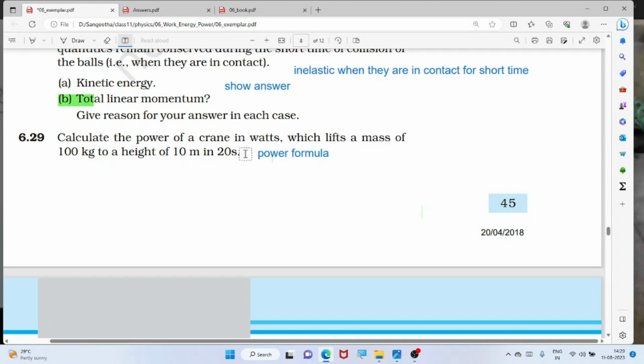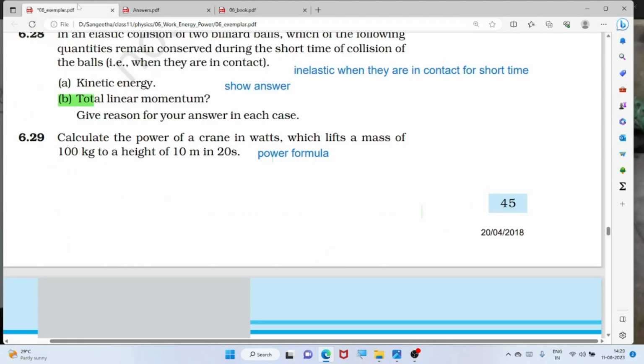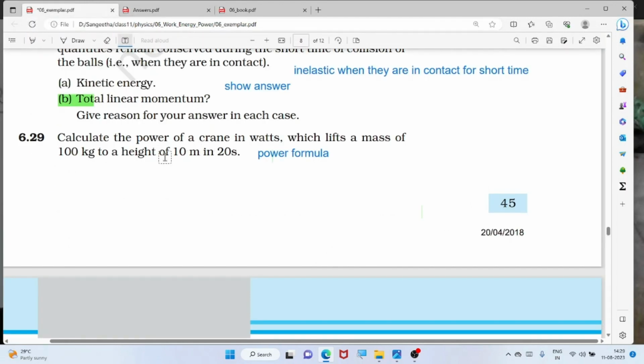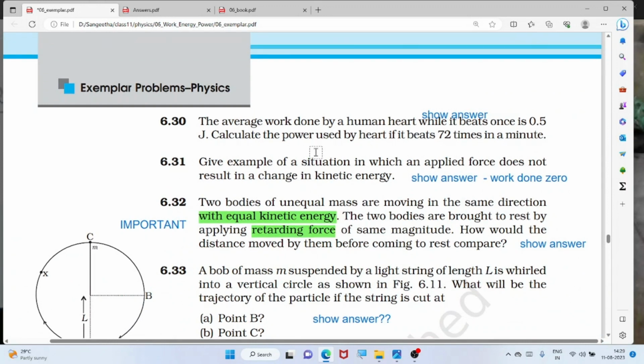Calculate the power of the crane in watts which lifts the mass to the height. Power is work done divided by time. The average work done by the human heart, which beats once, is 0.5 joules.